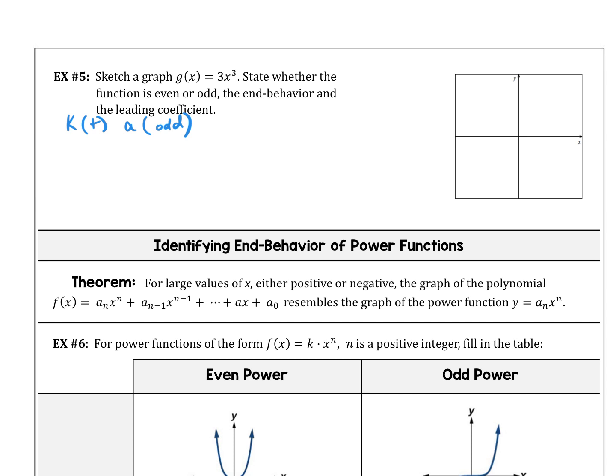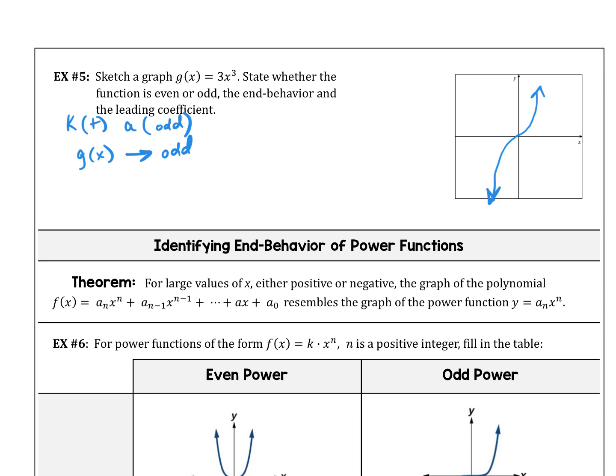Isn't that what we said the sketch would look like? Okay, so let's talk about this. What is the function? G of x is what? Odd or even? It's odd, isn't it?